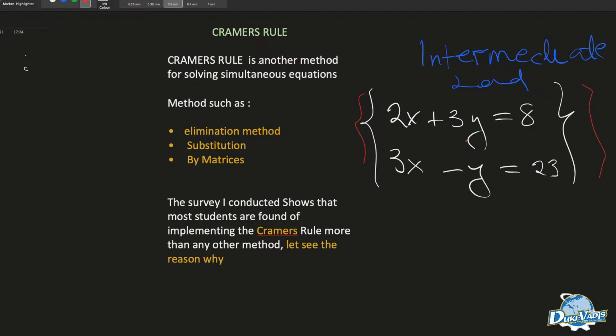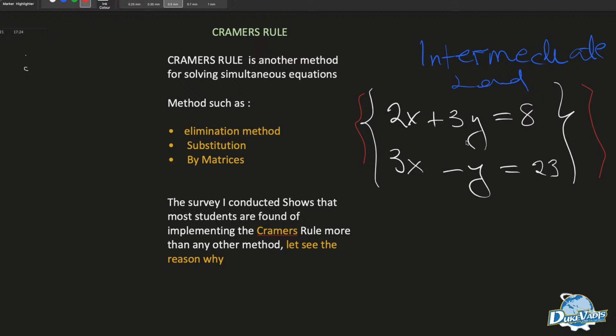Let's see the reason why every student is interested in using Cramer's rule. But before then, we will start with the elimination method, followed by the substitution method. Then we'll look at it from the matrix point of view, then come back to our final method, Cramer's rule.